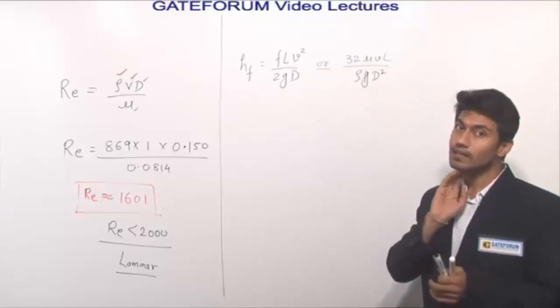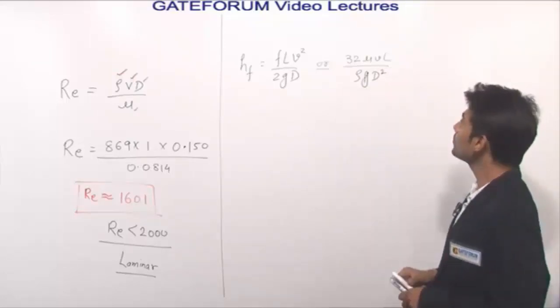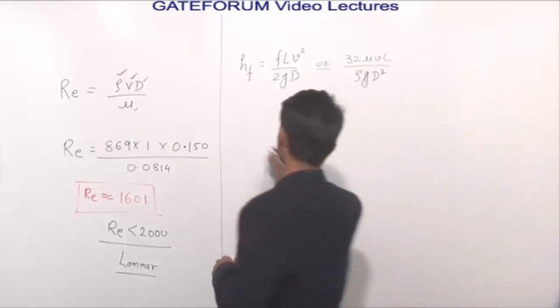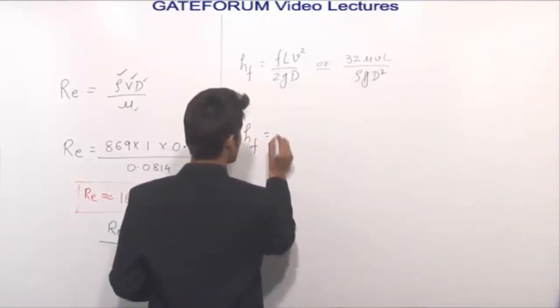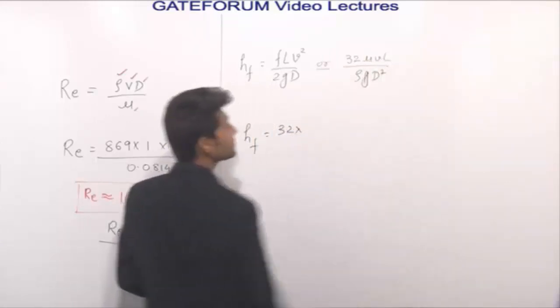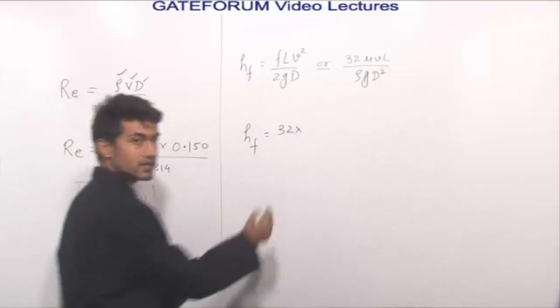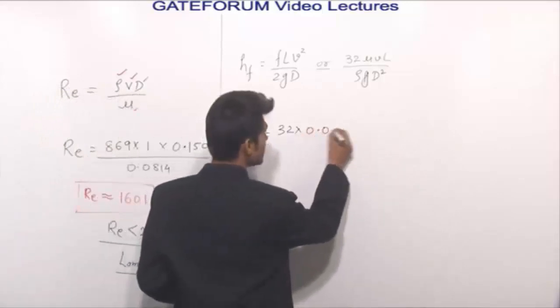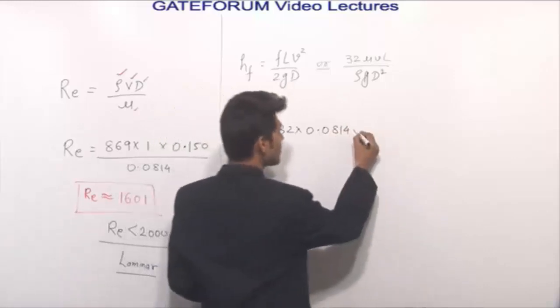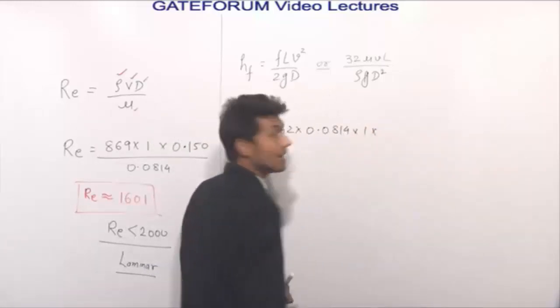Now for the given data, 32 mu VL upon rho G D square is the suitable formula to calculate friction loss. So friction head loss will be 32 multiplied by mu. What is mu? Mu is given as 0.0814. Next, V velocity is given as 1.